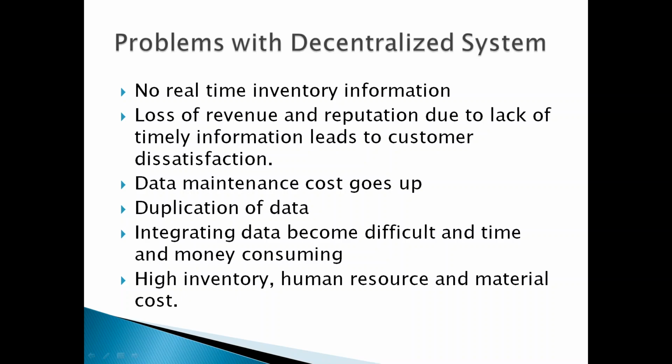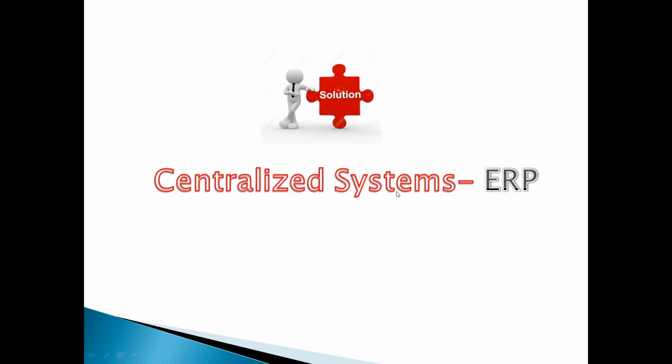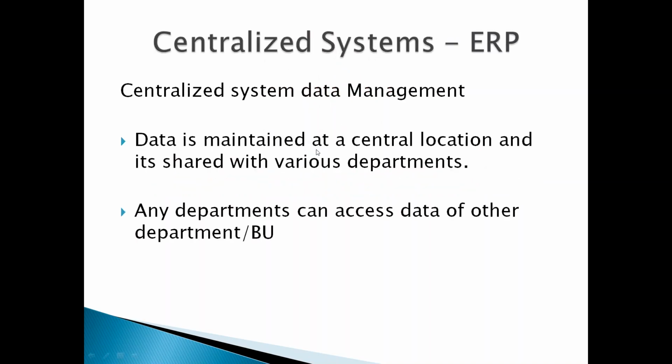Well, the solution lies in a centralized system, that is ERP. Let's see what a centralized system is. In a company with a centralized system of information and data management, data is maintained at a central location and is shared with various departments.